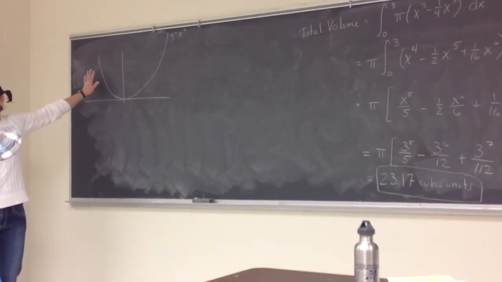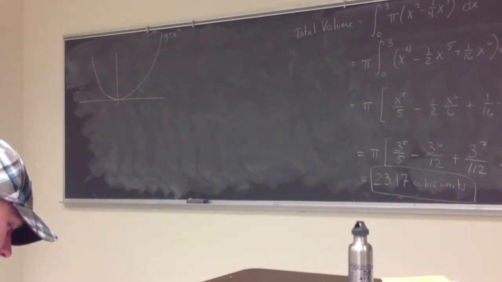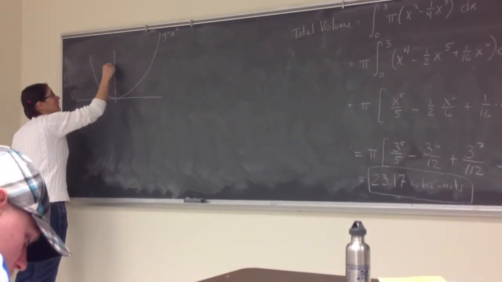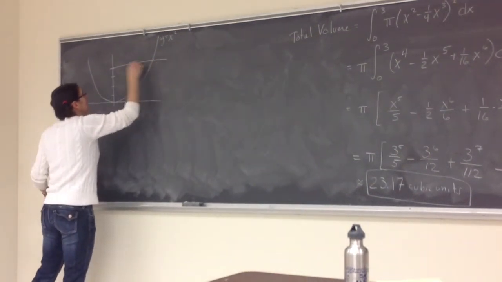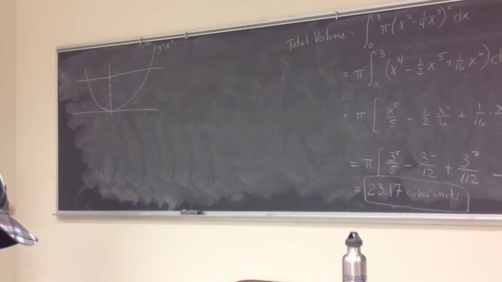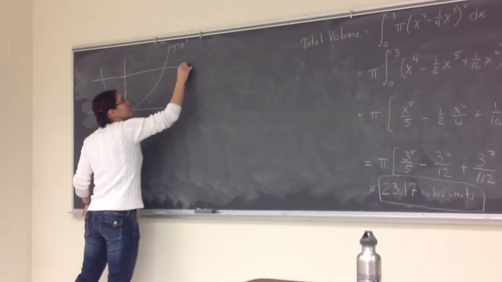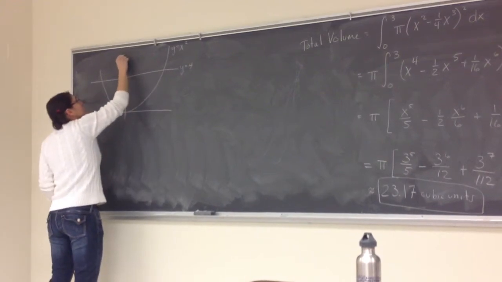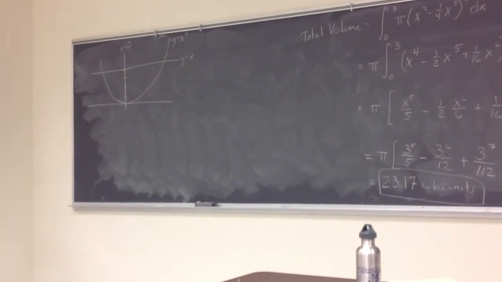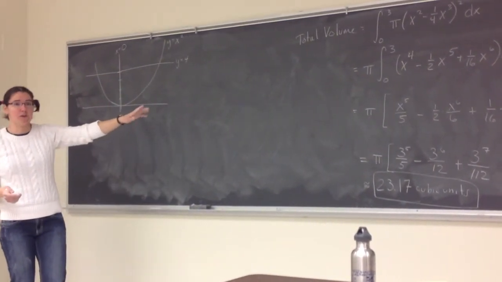Again, I don't really care about the second quadrant over here. I just drew it for completeness. And so we've got y equals x squared. We have y is equal to 4. And we have x is equal to 0. Okay, so I'm starting out by drawing all these pictures, and then I go back and I say in the first quadrant.